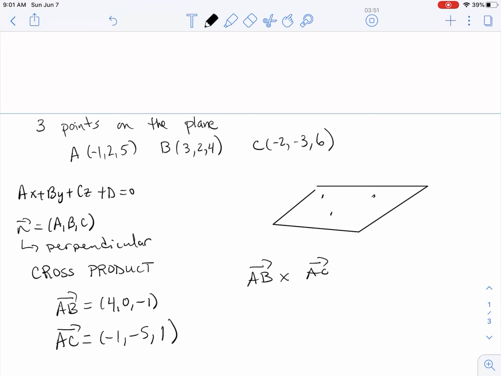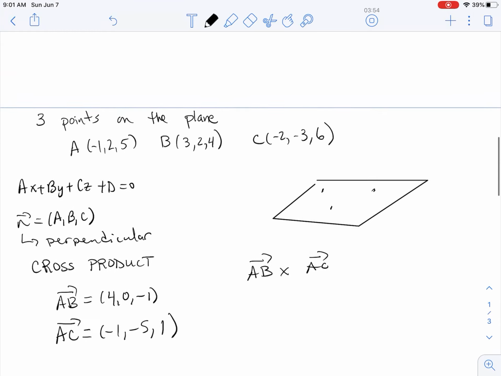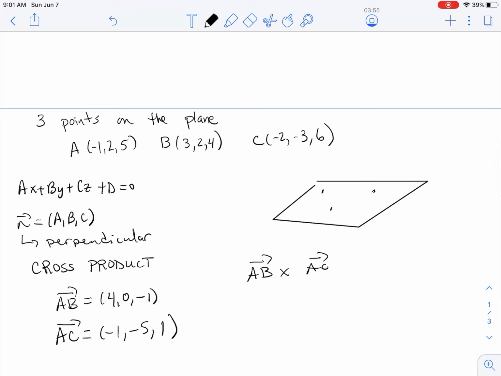You can go AB cross AC or AC cross AB, same thing. Just to save a little bit of time, when we cross those two, I'm going to get the vector -5, -3, -20. Again, refer to a prior video on how to calculate the cross product.